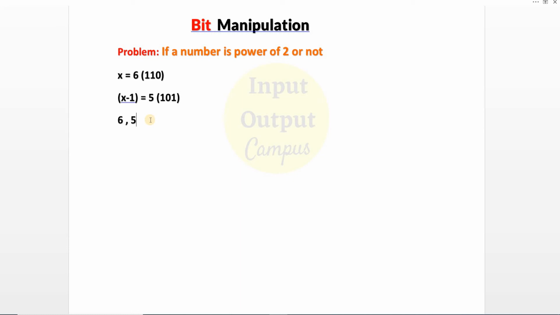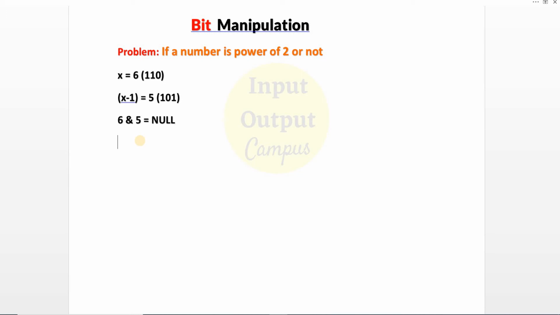We have to check if this 6 is a power of 2 or not. For that, what we can do is the AND operation between these two numbers, 6 and 5. After doing the AND operation, if the result is null, then it is a power of 2.